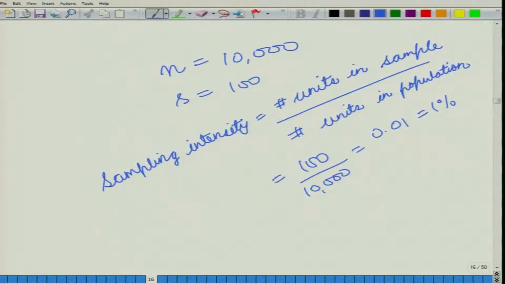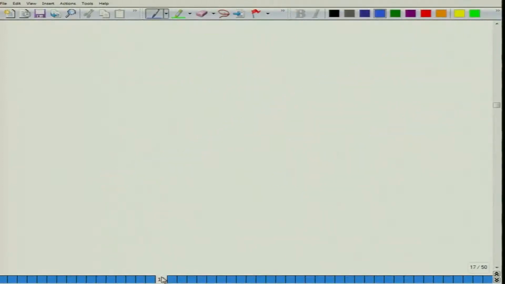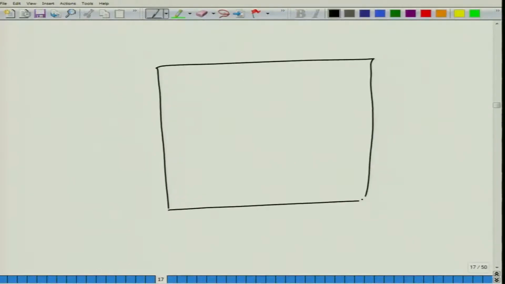So, this sampling intensity can vary because suppose in this population we have taken say 3 samples.